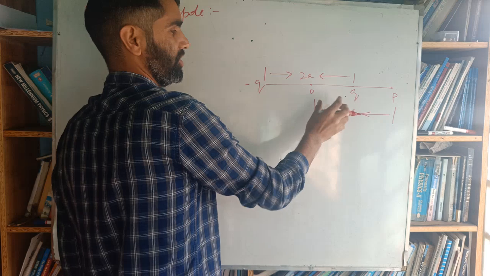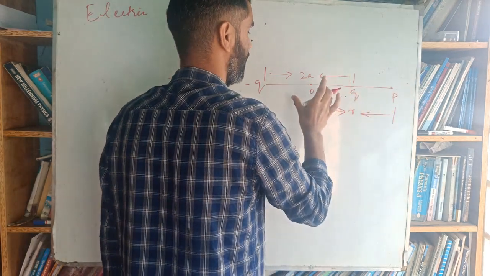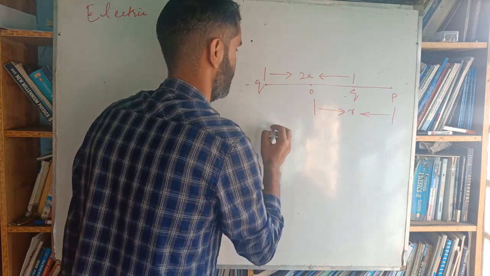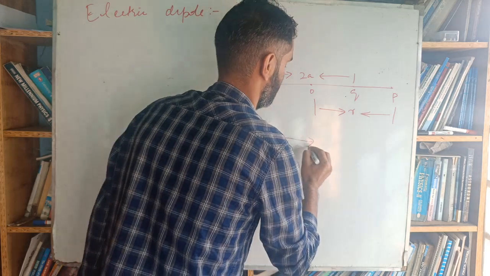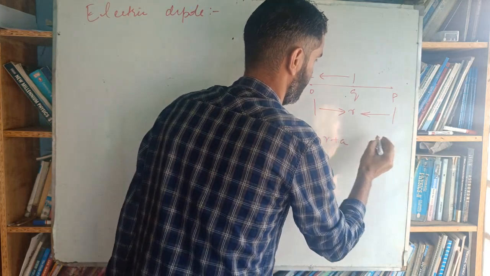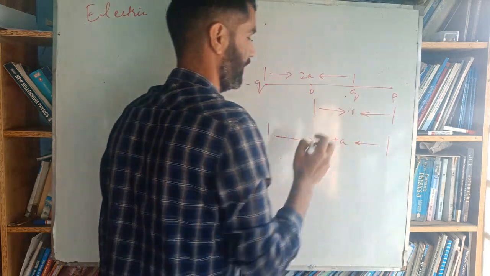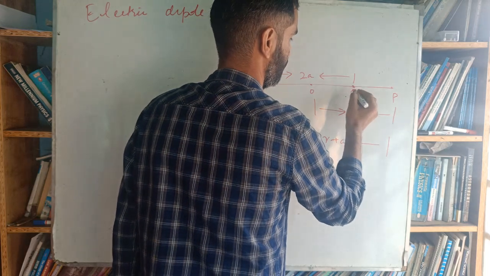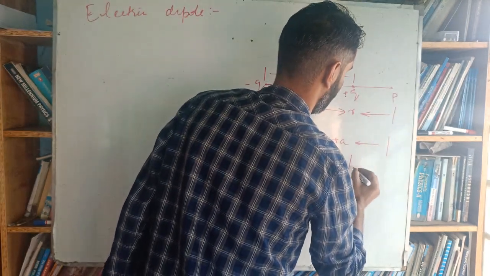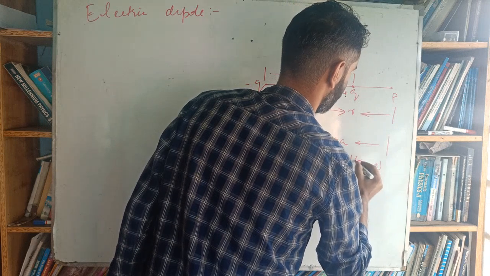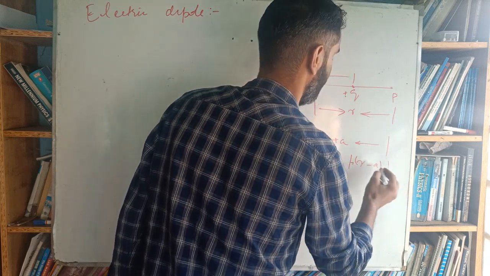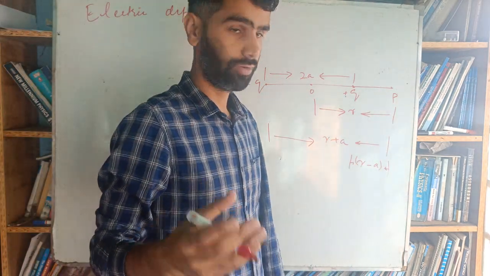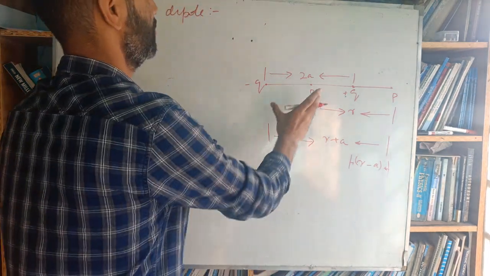Then the charge minus q is at a distance of r plus a from point P, and the charge plus q is at a distance of r minus a from the point of observation where we want to calculate the electric field intensity due to this charge combination.